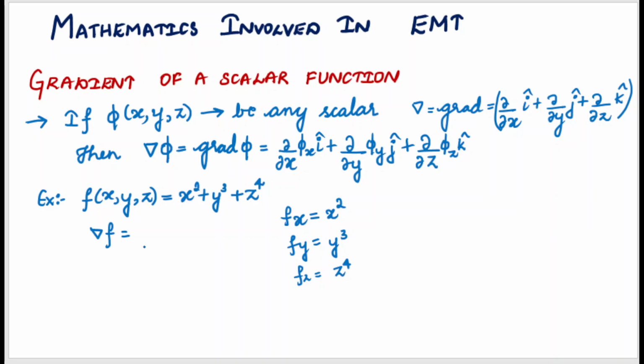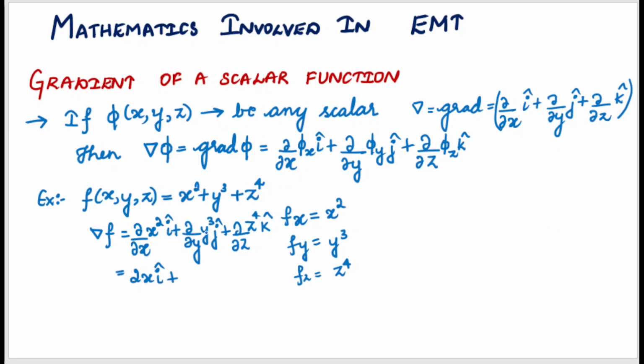the power of 4. Now applying the formula, dou divided by dou x of x square into i cap plus dou divided by dou y of y cube into j cap plus dou divided by dou z of z to the power of 4 into k cap. On solving, I want to do the partial derivative of x square. If I do partial derivative of x square, I get 2 times x into i cap.